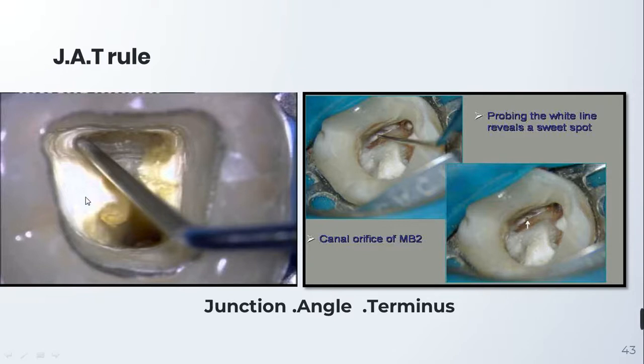You can see the wall and the floor are meeting here, and my instrument is going at an angle into an orifice. Coming to the third law, it says the orifices of the root canals are located at the terminus of the root developmental fusion lines. That means you might not find orifices anywhere on the floor. They will always be at the end of the developmental lines. You have seen dentinal maps where they end, you will always find the orifice at the terminus. This is also called the junction, angle and terminus rule.